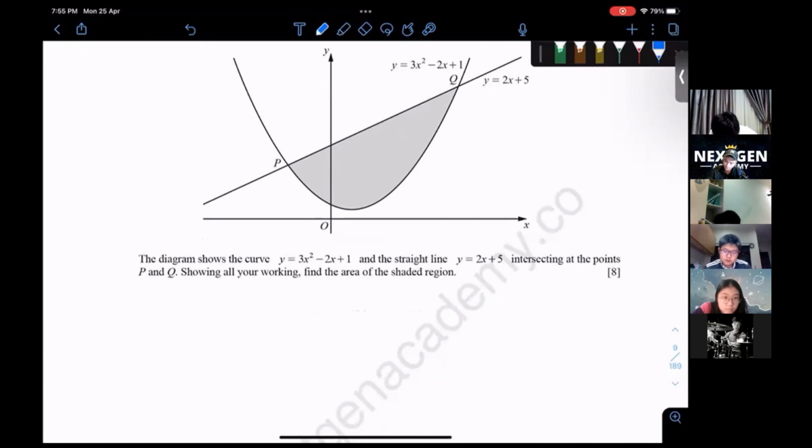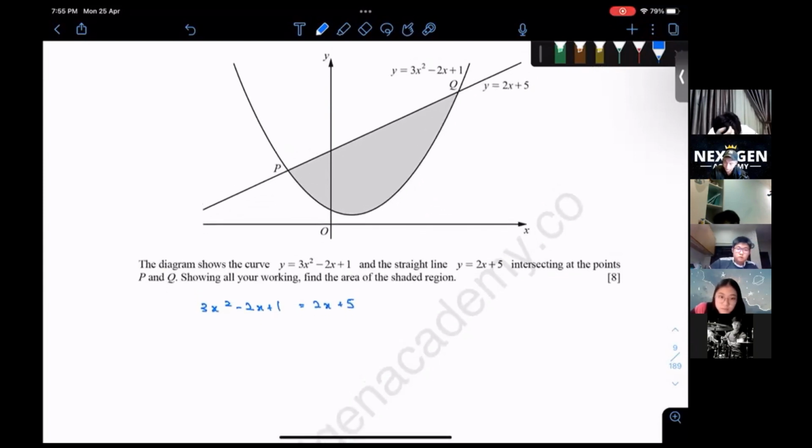3x squared minus 2x plus 1 equals 2x plus 5. Okay, what are you doing here first? To find the intersection point. Okay, intersection, which is P and Q, right?